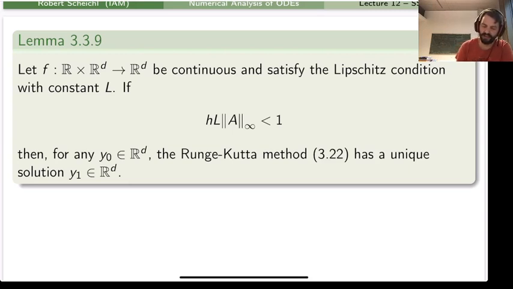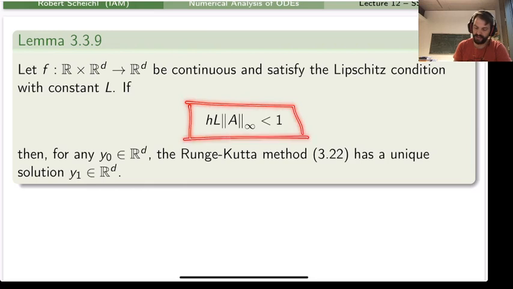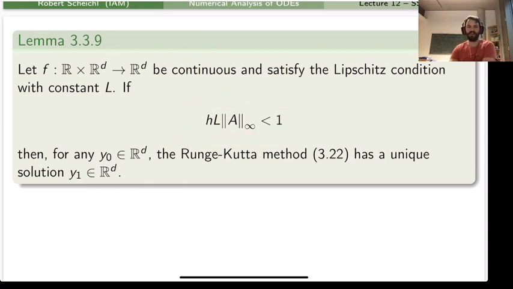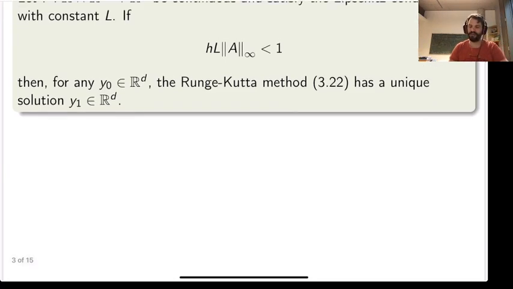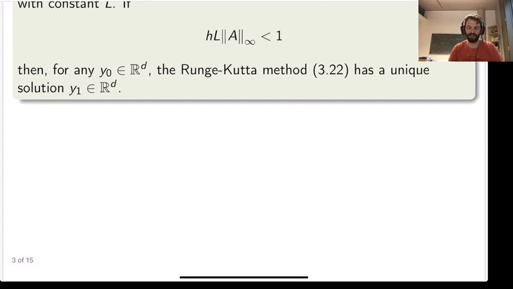So let's assume that f is Lipschitz continuous in its second argument on the whole of R cross R^d with Lipschitz constant L. Then if the step size is less than 1 over this Lipschitz constant times the norm of the matrix A, for any initial condition, the general Runge-Kutta method has a unique solution y1. Okay, let's prove this.